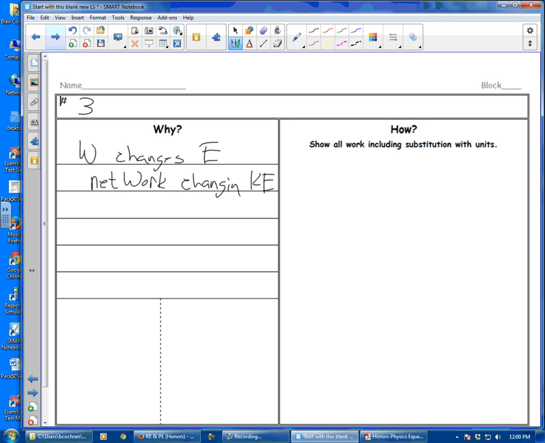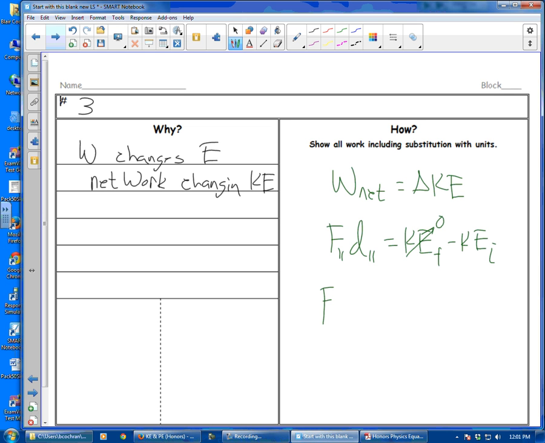And so you're doing W net equals the change in kinetic energy. And the W net is the F d. Change in kinetic energy is going to be KE final minus KE initial. And the final is 0. And now it's really kind of a plug-in.